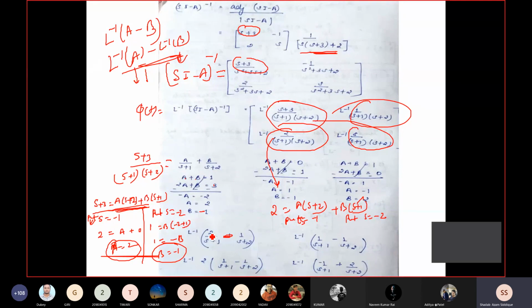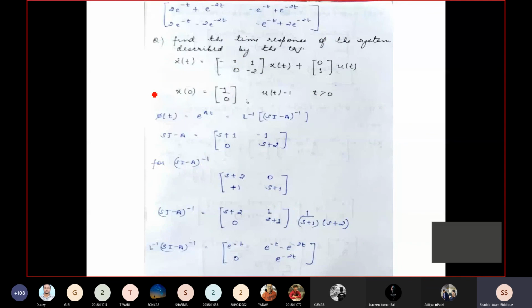So what is the Laplace inverse of 2 divided by s plus 1? It is written as 2 e to the power minus t, minus 2 e to the power minus 2t. So that's why it is written as 2 e to the power minus t minus e to the power minus 2t. This is the solution, which is x of t, sorry, phi of t, written here. I hope this is good.